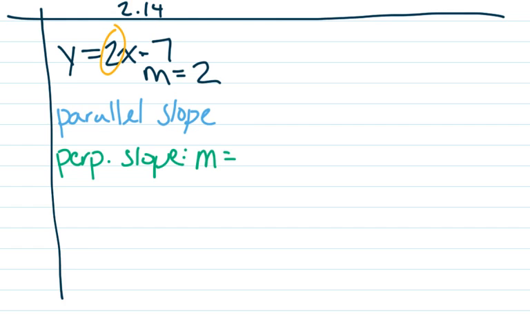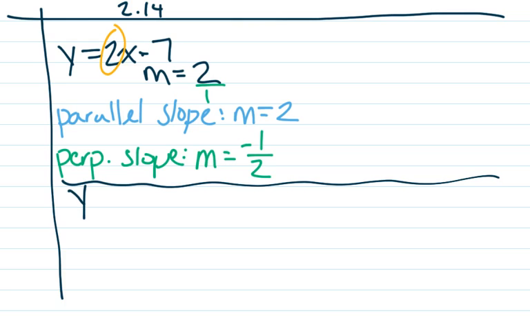The parallel slope, remember, is the same, so it's going to be exactly the same as the original equation, which is 2. Any line that's parallel to that line is going to have a slope of 2. For perpendicular, remember, we put that 2 over 1, and then we change the sign to a negative and flip the fraction so that it's -1/2.